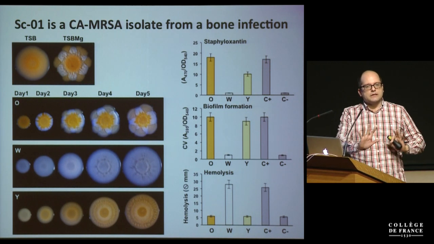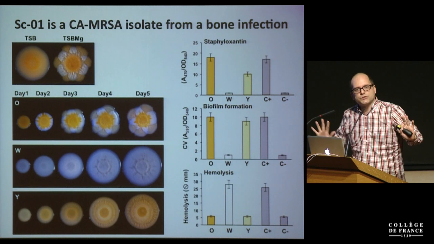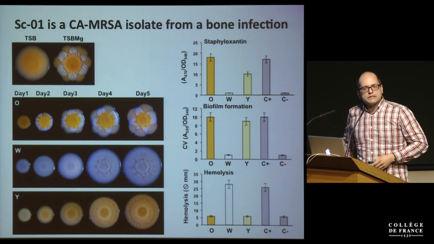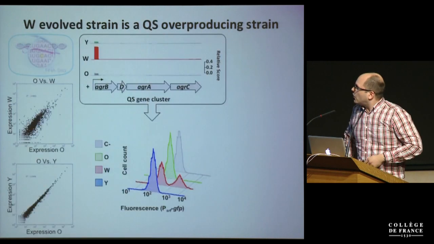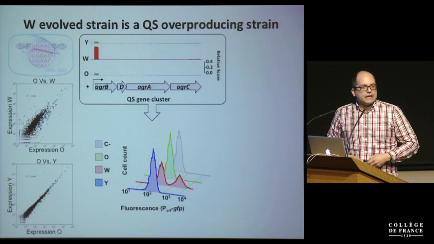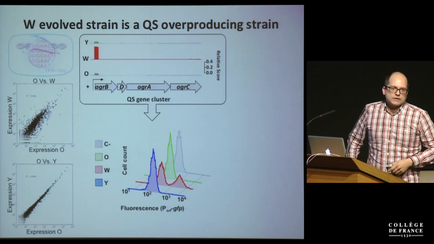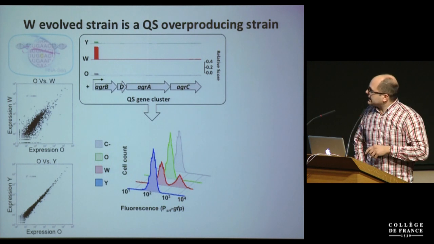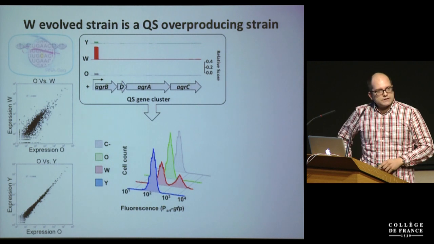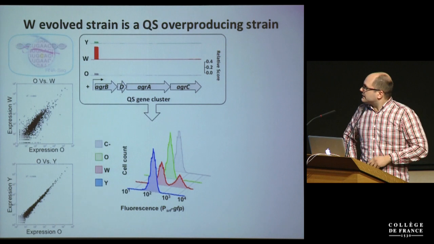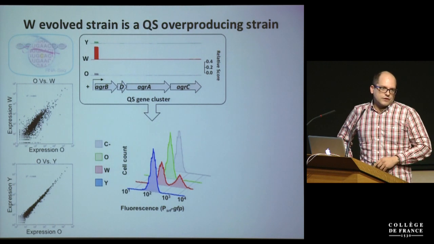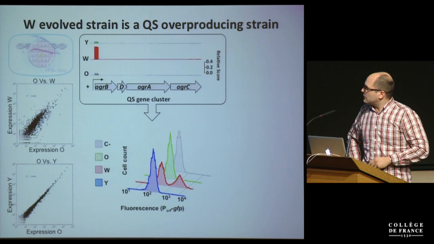So it seems like there is antagonistic regulation of these two strains, just like what we were thinking about the quorum sensing system of Staph aureus. We did some RNA-seq and immediately focused on the expression of the quorum sensing system in those strains. Indeed, the white strain is expressing very much the gene cluster that codes for the quorum sensing system of Staph aureus.